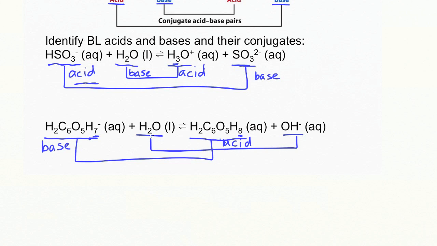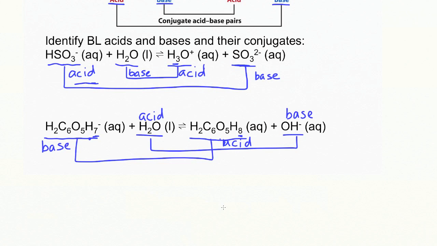For water, because it donates 1 proton to this H2C6O5H7 minus, it's an acid. Again, after it loses 1 proton, it becomes the conjugate base, because hydroxide has the potential to accept the proton from this formula to make this reverse reaction happen.